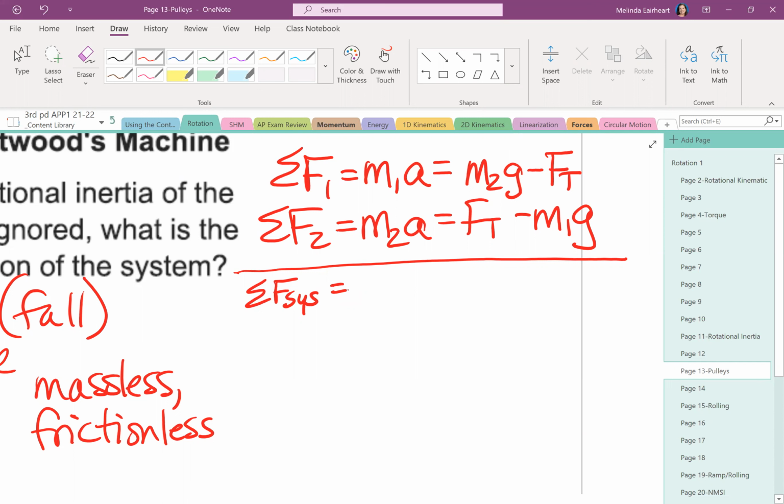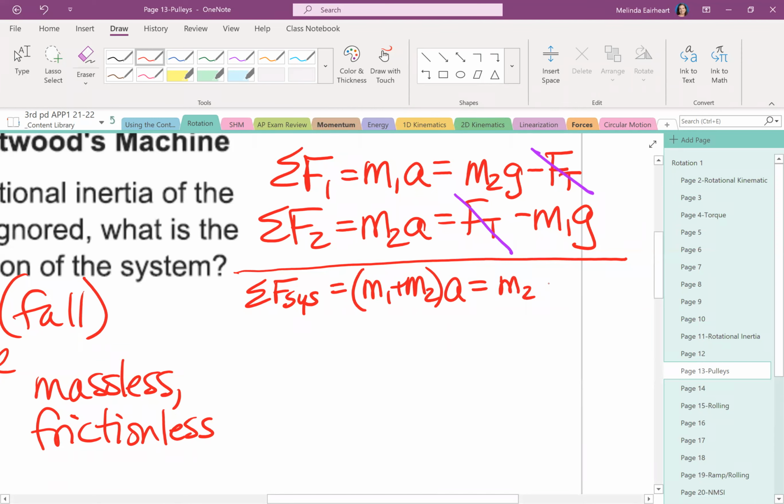They're going to have the same acceleration. And so we can add the masses times that same acceleration. And we've got Newton's third law, tension positive, tension negative, equal in magnitude, opposite in direction. As a system, it's going to cancel out.